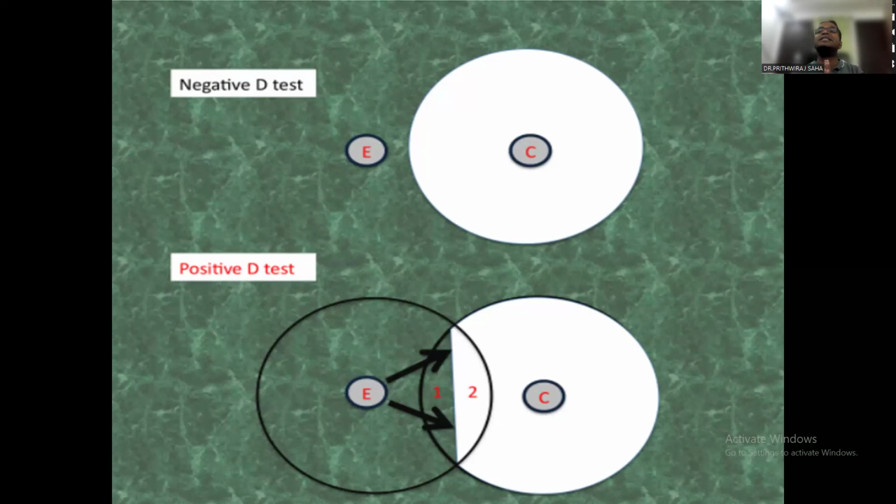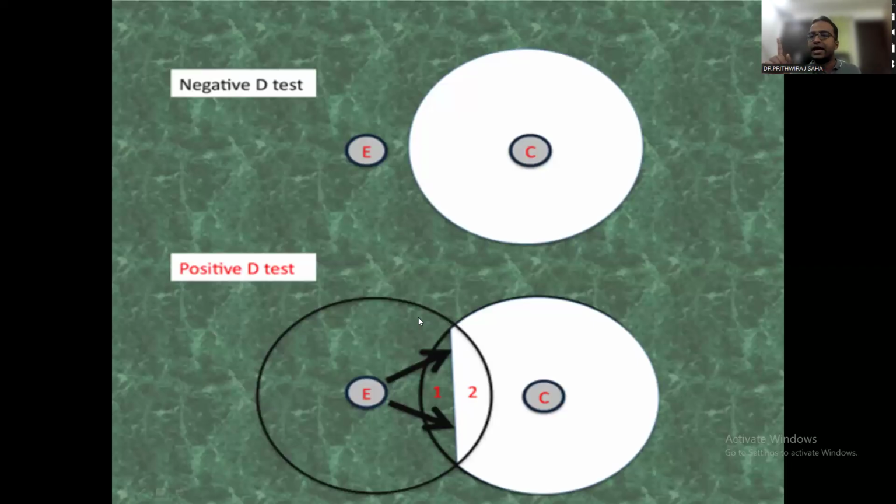So basically, the D test in one line tests the inducible resistance of clindamycin by erythromycin, right? Clear?